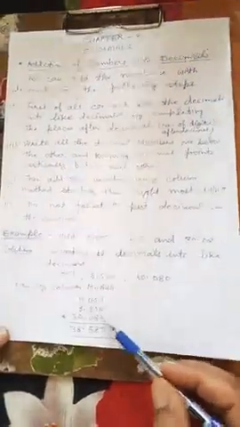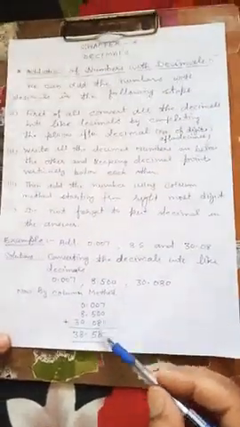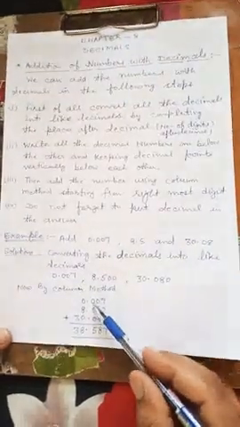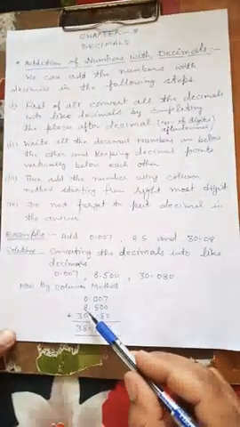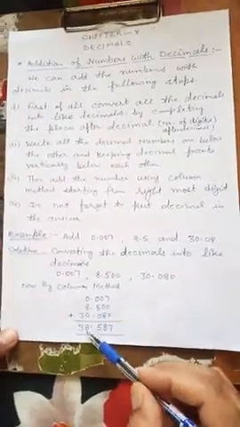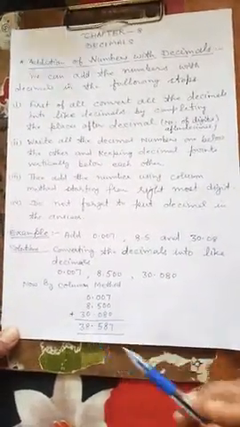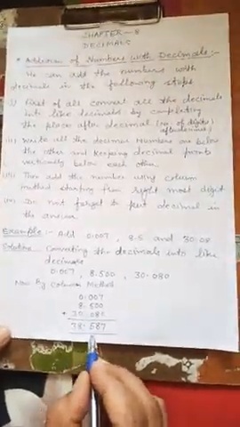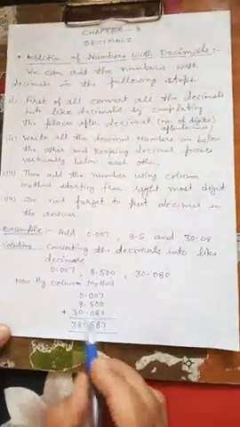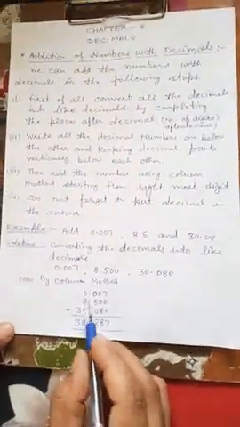Here is 7, 0 plus 0 plus 8, 0 plus 5 plus 0, it is 5, 0 plus 8 plus 0, it is 8, and it is 3. Now the answer is 38.587. We will put decimal below the decimal.